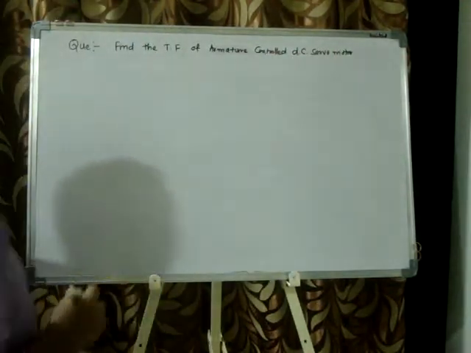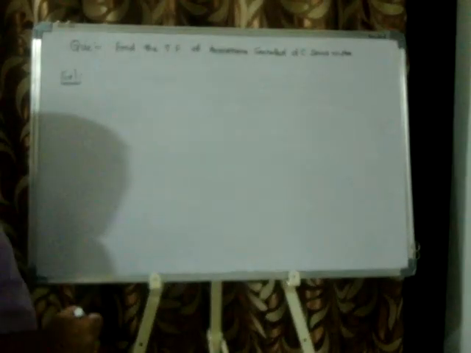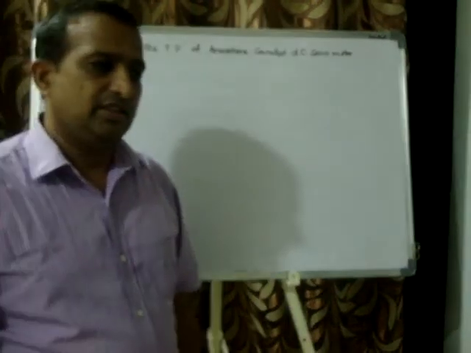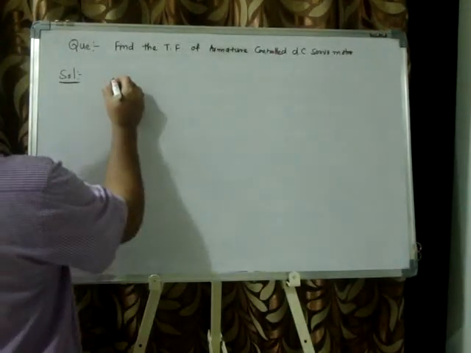This is electromechanical. Why is it called electromechanical? Because the input is electrical, the output is mechanical. What is the mechanical output? Rotation of the shaft. What is the electrical input? Voltage.